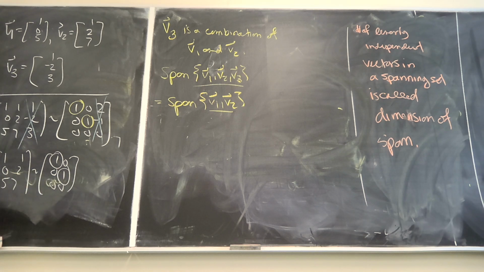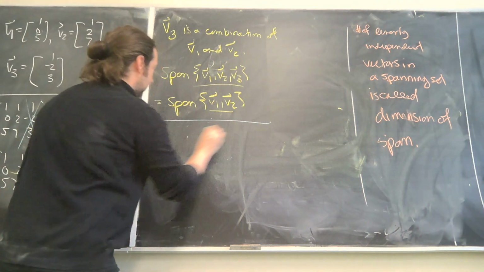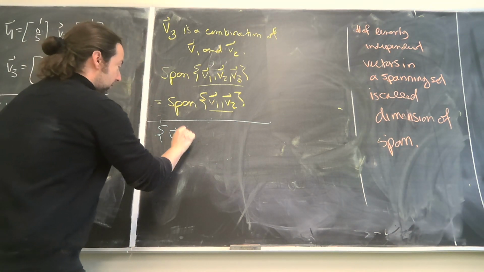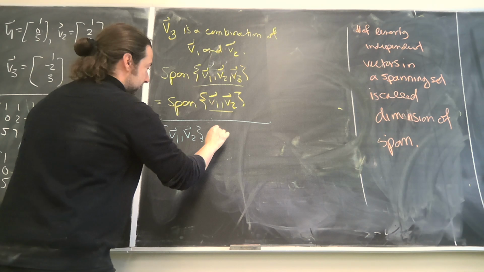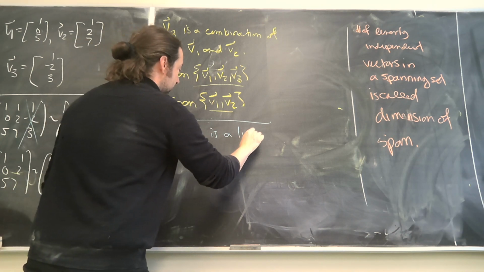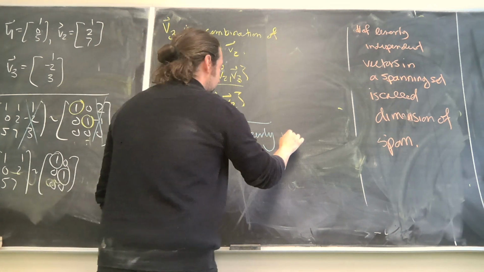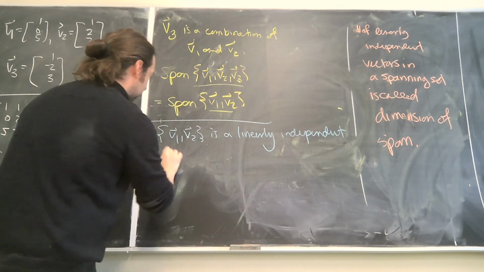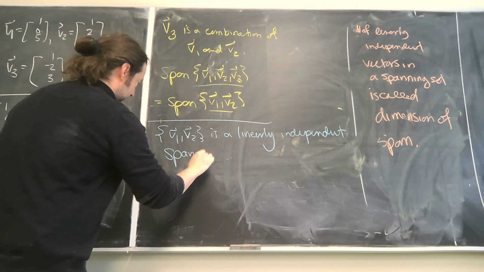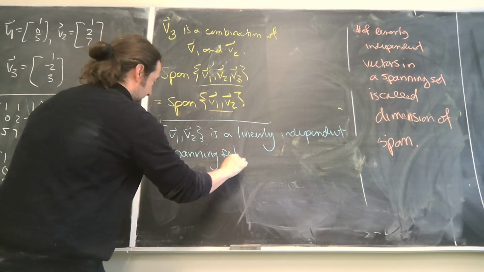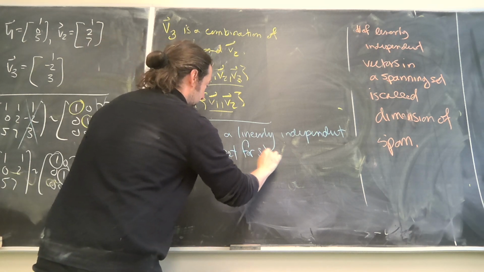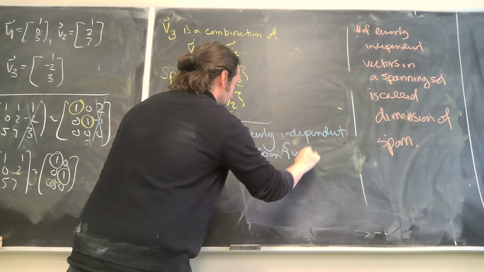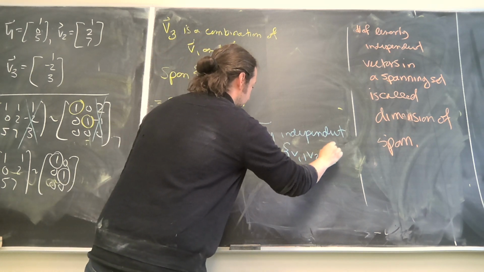Those are linearly independent. So the observation is the set V1, V2 is a linearly independent spanning set for the span of V1, V2, and V3.